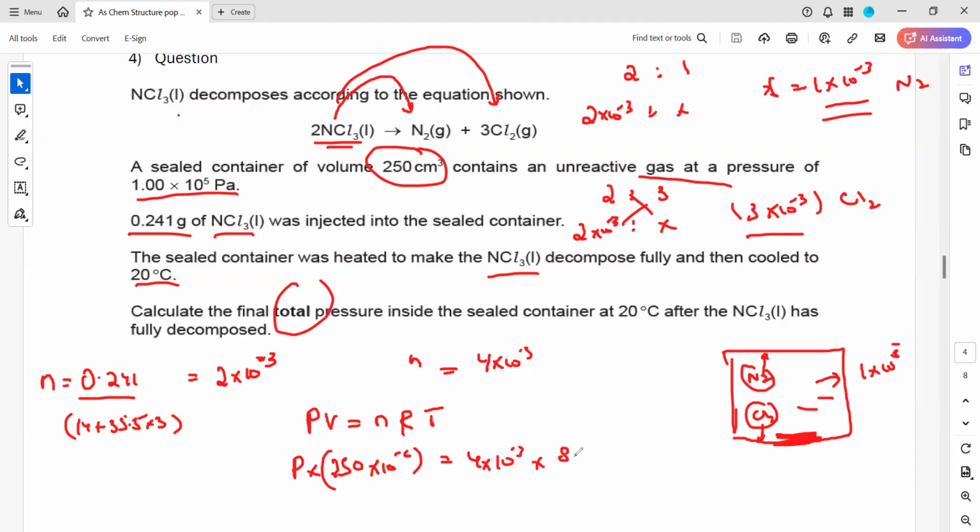R is the general gas constant, 8.31. And T is the temperature, that should be in Kelvin. So 20 plus 273. So this P is the combined pressure of the nitrogen and the chlorine.